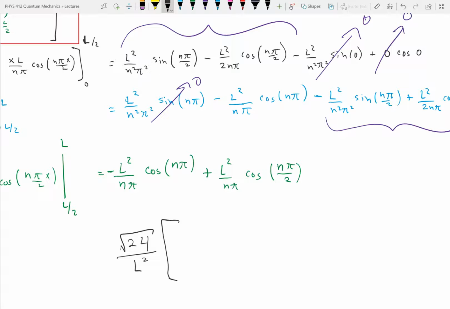So the first one we have, then going to the second one.